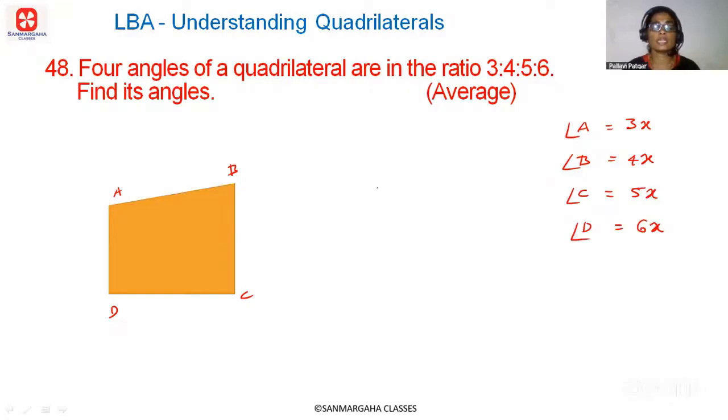So here the sum of the angles in a quadrilateral is 360 degree. So we can write 3x plus 4x plus 5x plus 6x is equal to 360 degree.